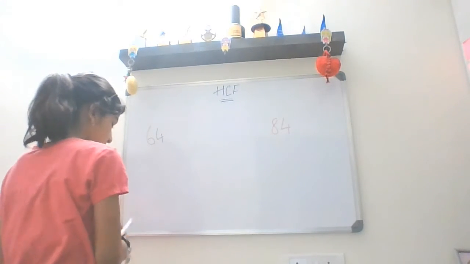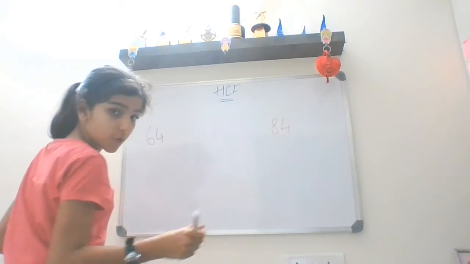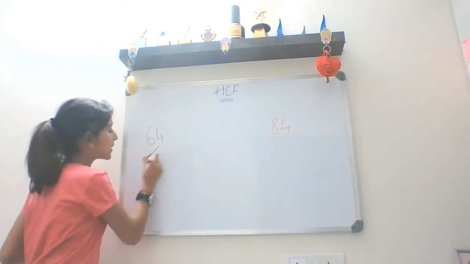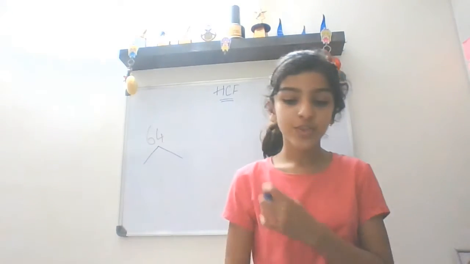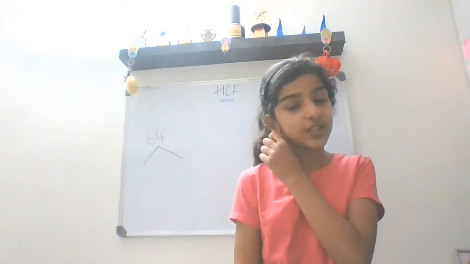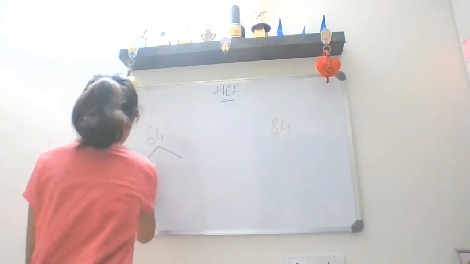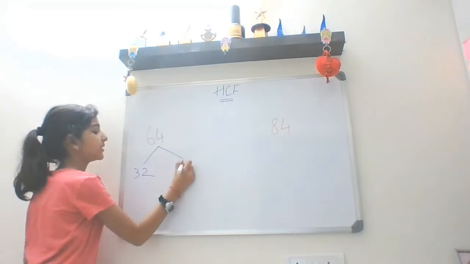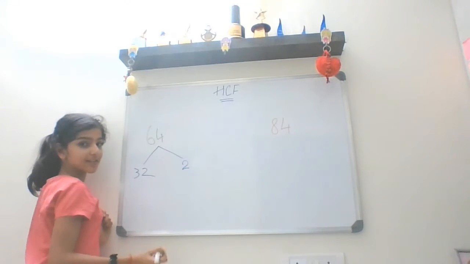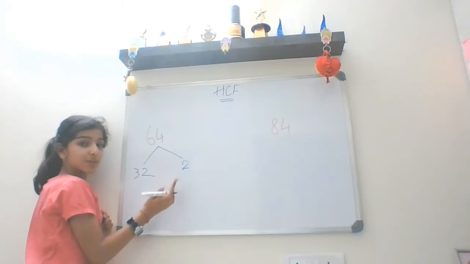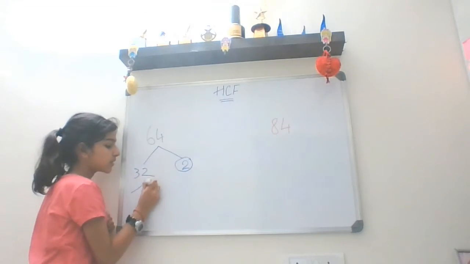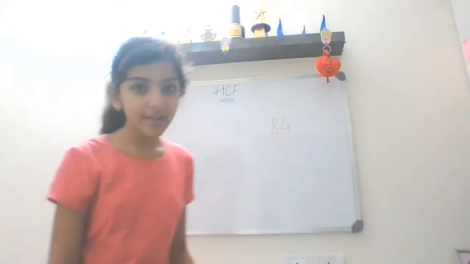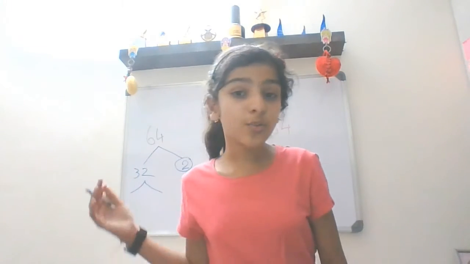Okay, so now for 64, can you name two factors of 64 that when multiplied together make 64? Yes, they are 32 and 2. And you have guessed it right, 2 is a prime number, so we circle it. Now 32 can be further divided, right? So how do we divide 32?